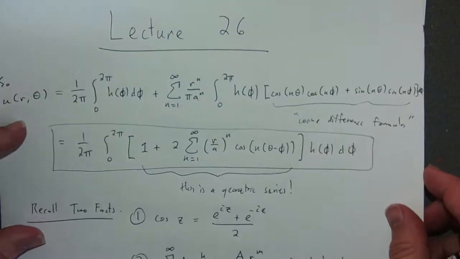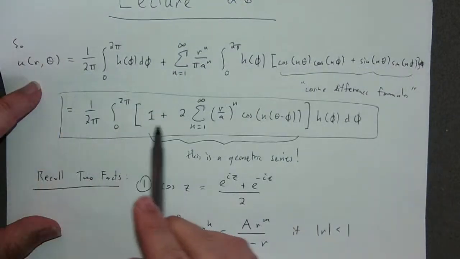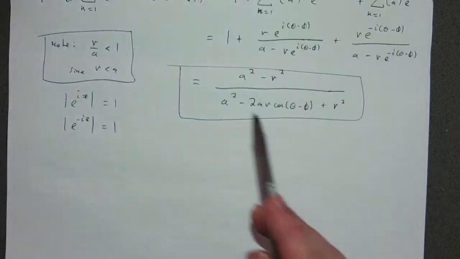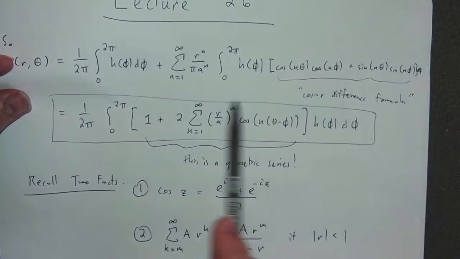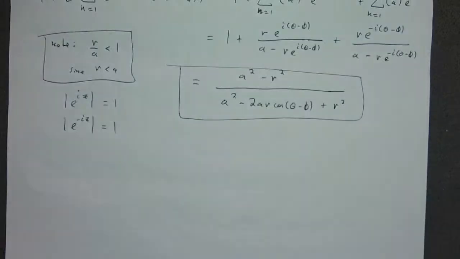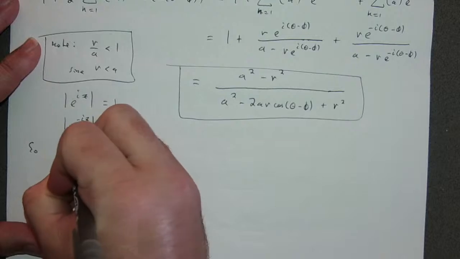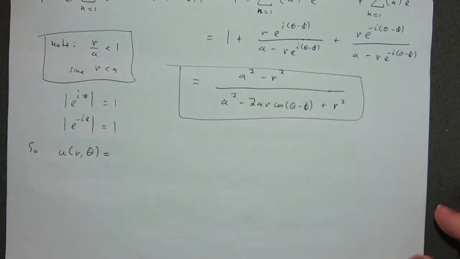And so here was my expression for u, my solution, but I just rewrote this geometric series using this. So putting this into here, I want to rewrite an expression for u. So u of r, theta is equal to what?